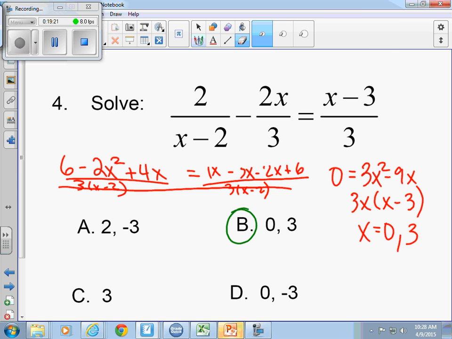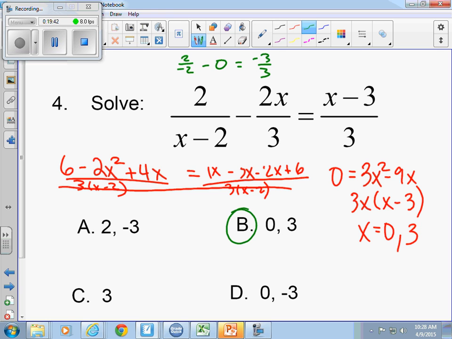So what I would do is plug in 0 for x. So I get 2 over negative 2 minus 0 equals negative 3 over 3. Does negative 2 over 2 equal negative 3 over 3? What is negative 2 divided by 2? Negative 1.